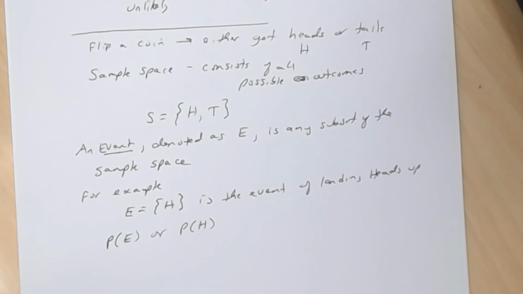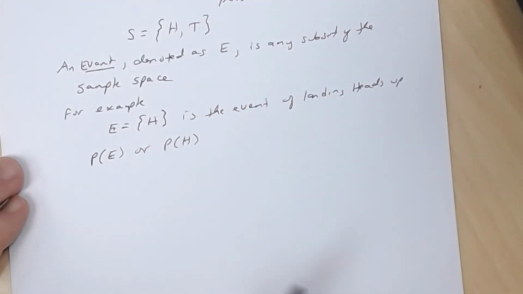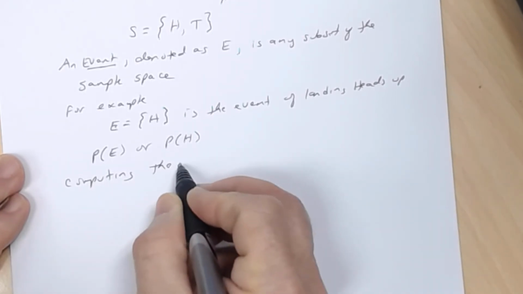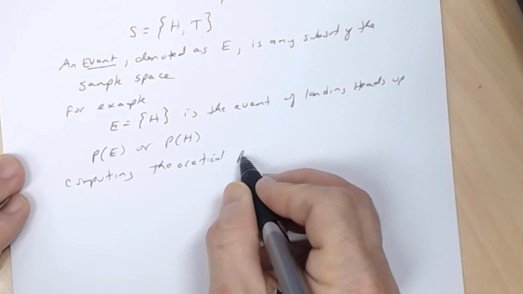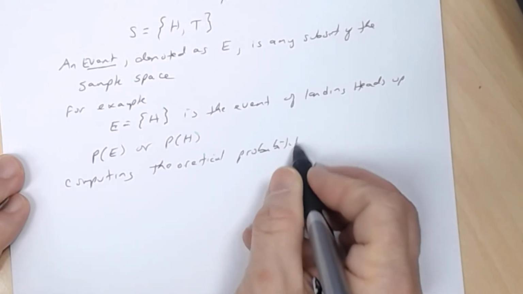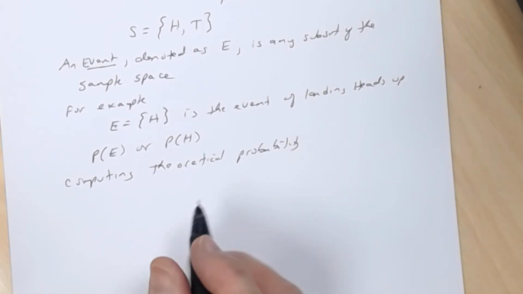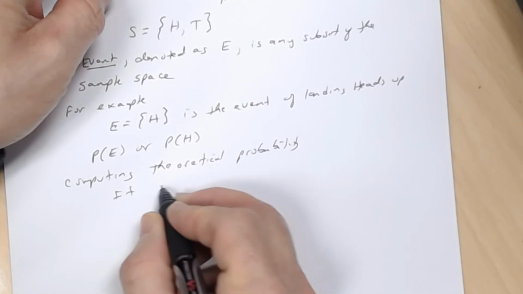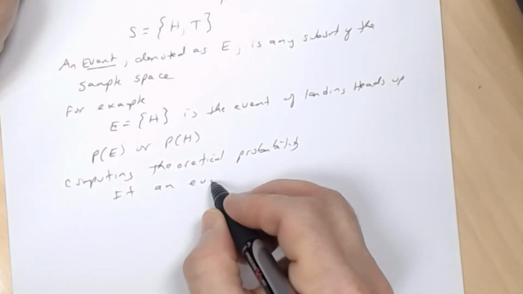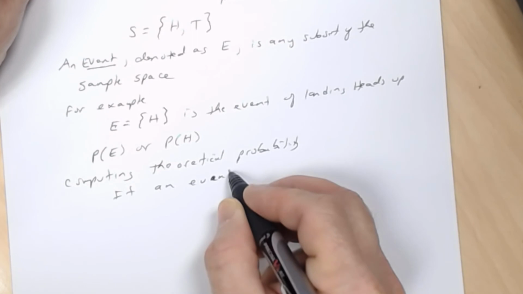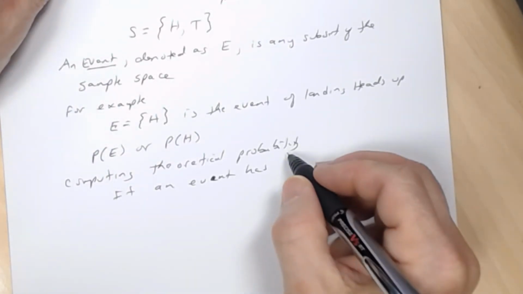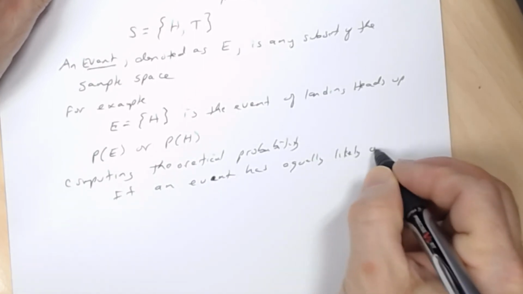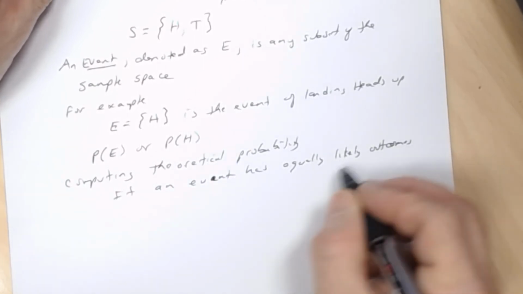All right, so let's talk about computing theoretical probability. If an event has equally likely outcomes, let's talk about equally likely.